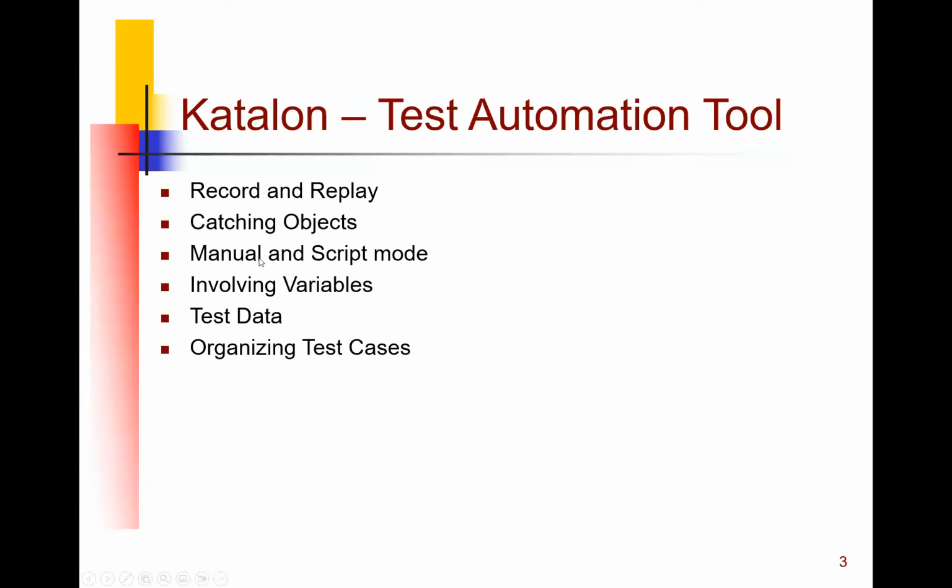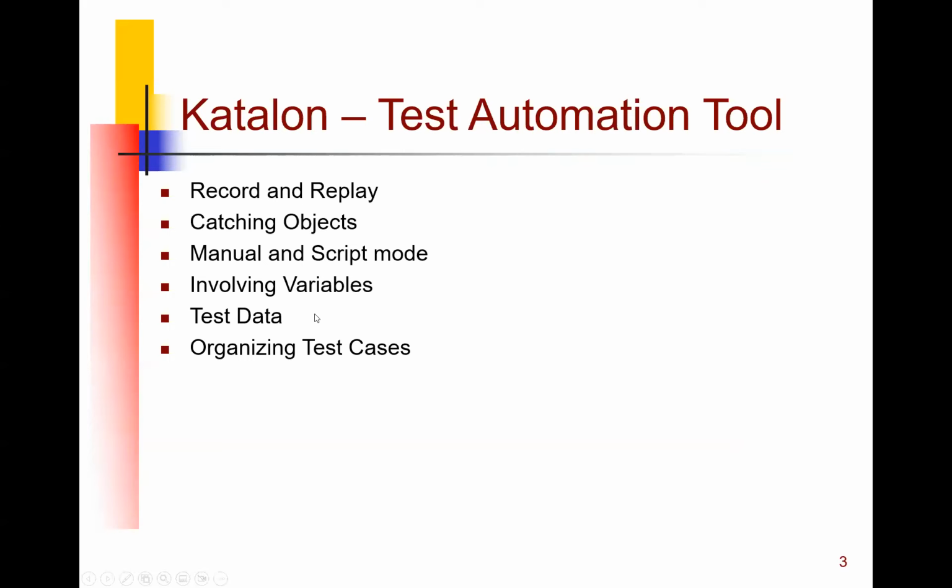One is the manual mode, one is the script mode. The manual mode is where you don't have to do any coding. You just add operations, add steps to the steps you already have, or make some changes to them. And the other one is a more flexible way, the script mode, which means you're going to write code, so that you can control the script, you can assign variables and so on.